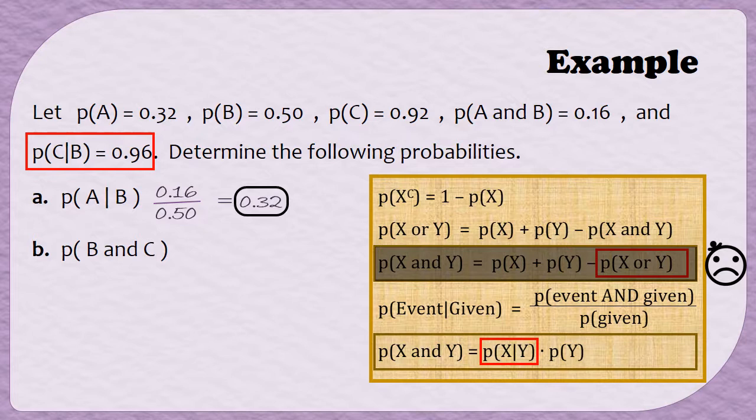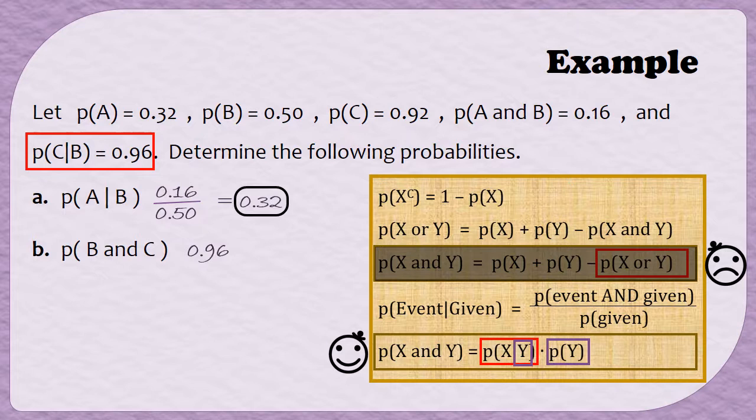Since I have this, this is going to be the start of my formula. Hooray, I can use it. So I'm going to write down the 0.96 because that's the information I have. For the second part of this formula, we need the probability of y. Now notice that in the formula, the y corresponds to the given piece of information.